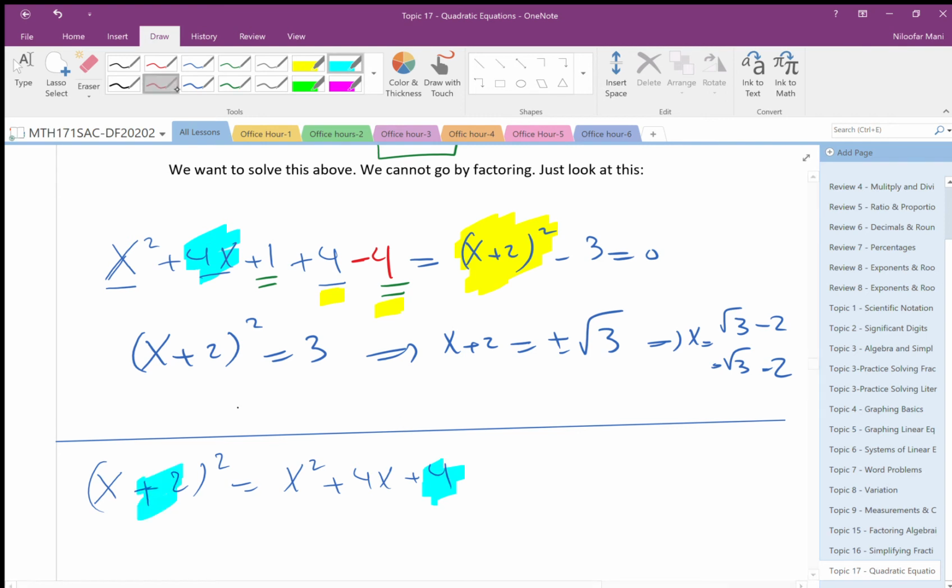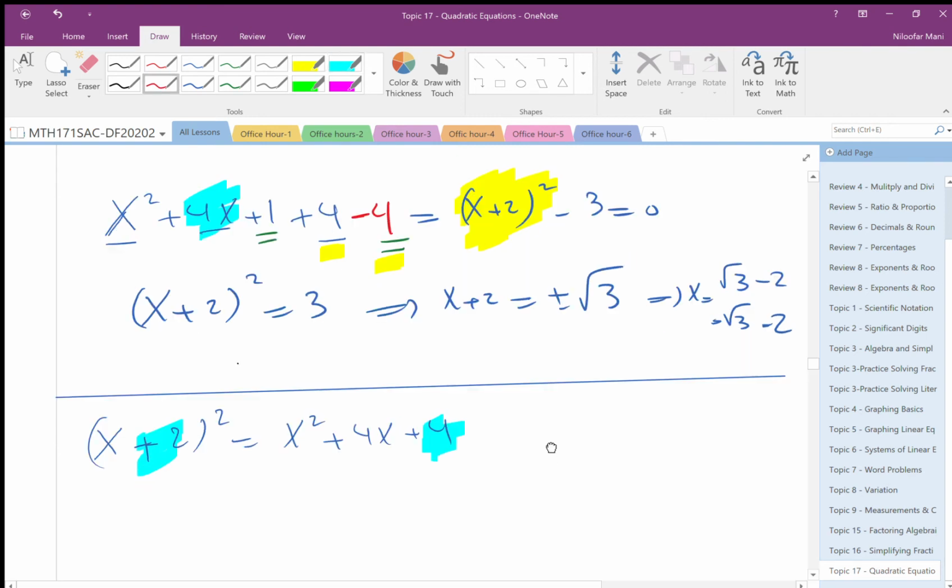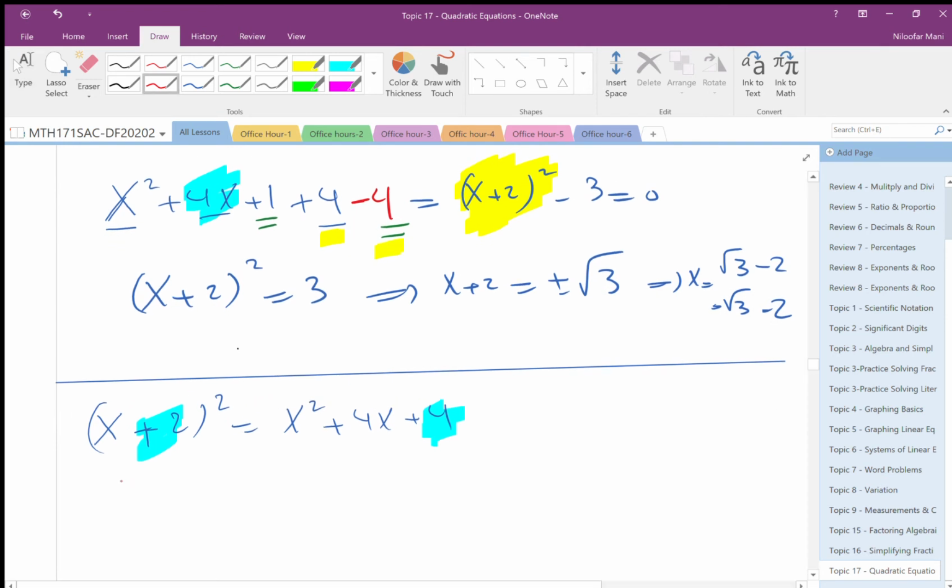So how do I know then? I look at the number beside x, divide by 2, and then square it, and then add and subtract at the same time.